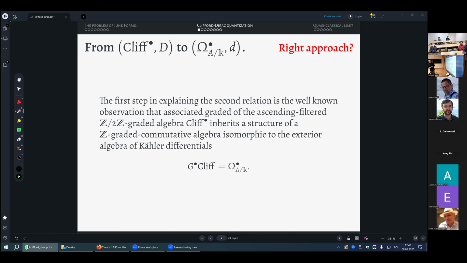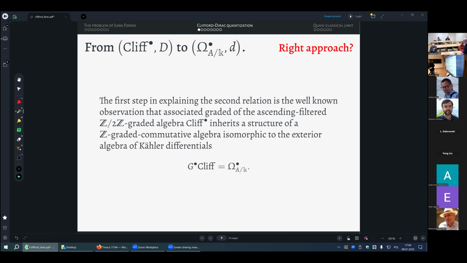In the case of the Clifford algebra, this associated gradient is isomorphic to the algebra of differential forms. You should be warned that we don't have a map between the Clifford algebra and this construction, since it modifies elements of the Clifford algebra a lot. So this is not the map which was expected before.